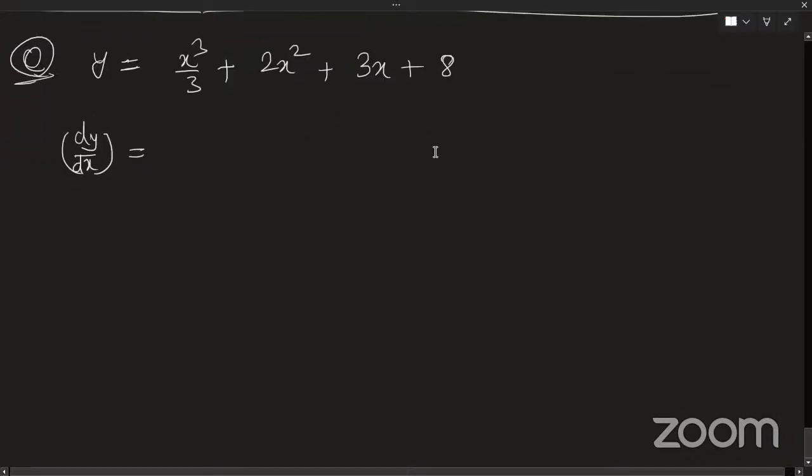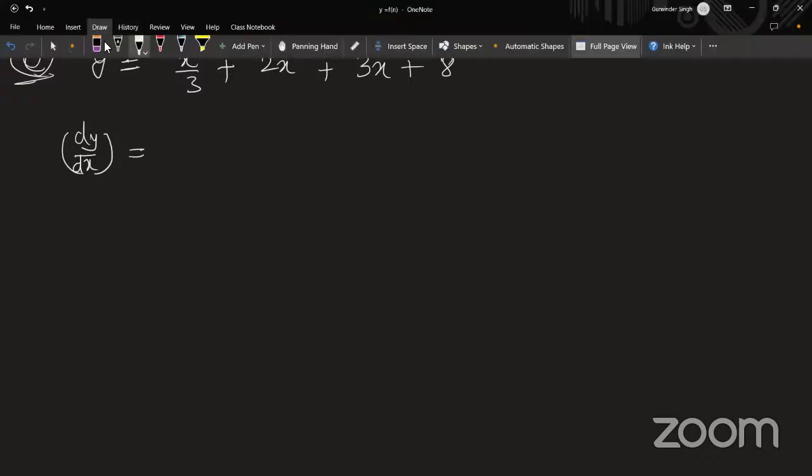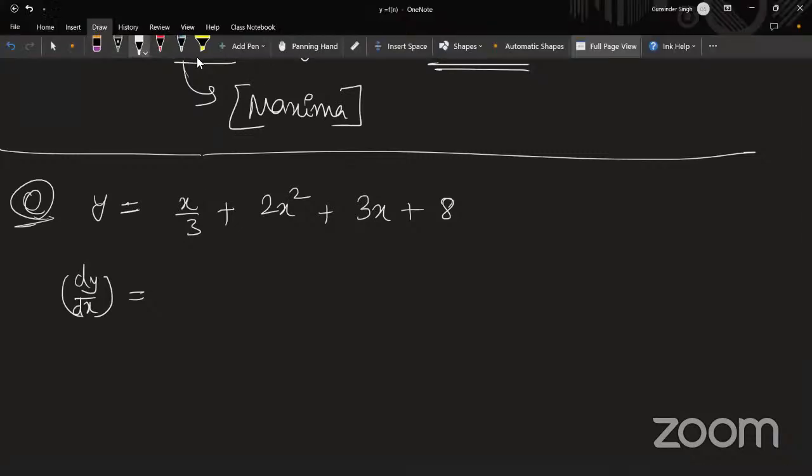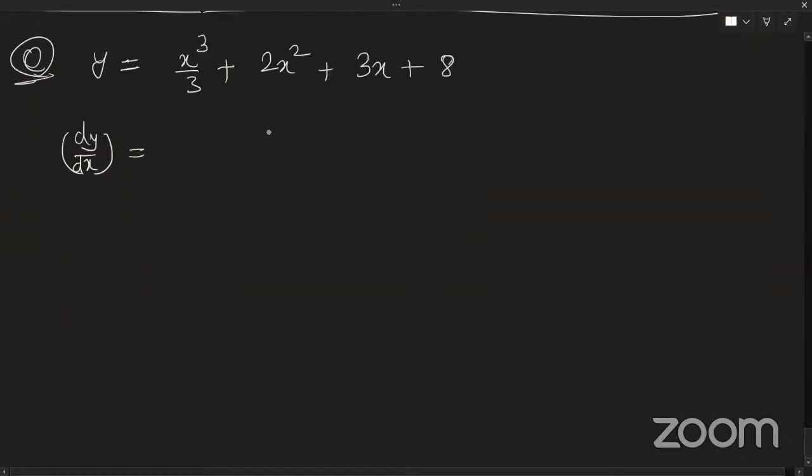We have just done it, 5 or 10 minutes back. Manoj, you will tell the answer this time. 3x square plus 4x plus 3. Are you sure this will be 3x square?